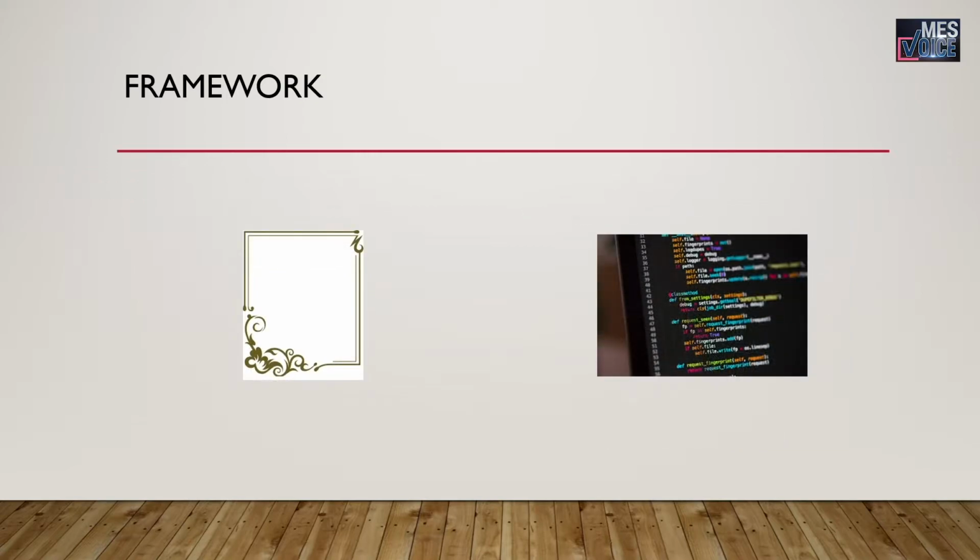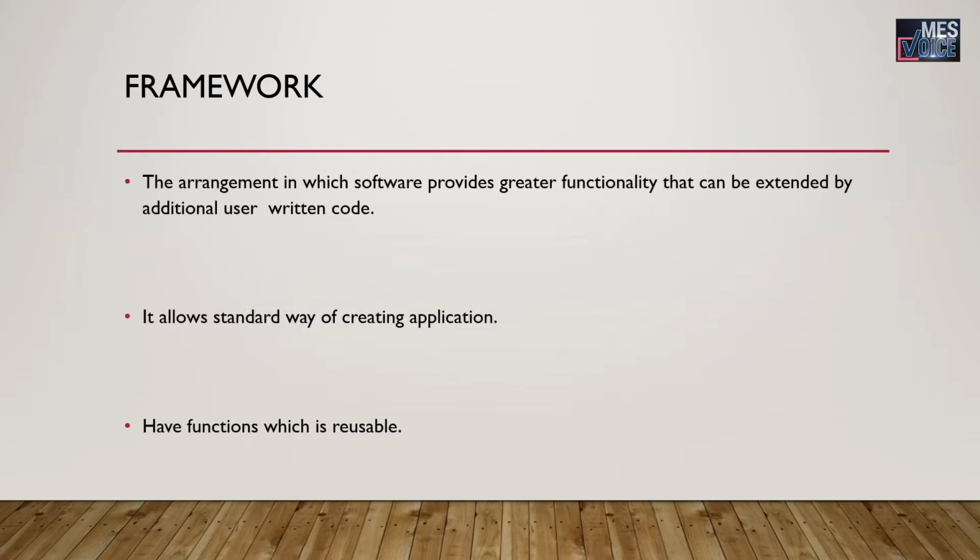In definition, we can say it is an arrangement in which the software provides greater functionality that can be extended by additional user-written code. Basically, there is a structure around which you add your own code to get greater functionality in that system.